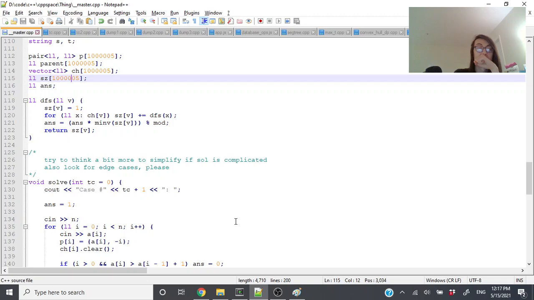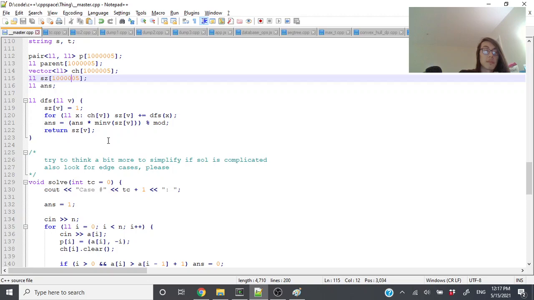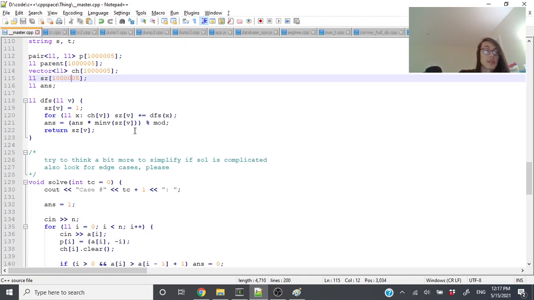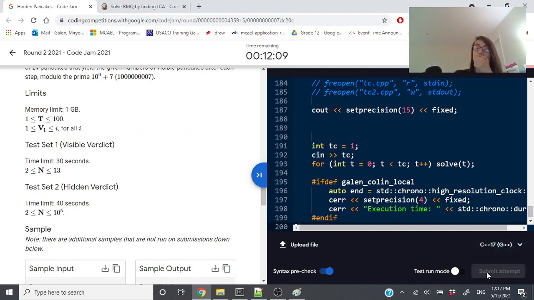Clearing it every time. We clear child, P is overwritten, parent is overwritten, size is overwritten. Cool, alright.